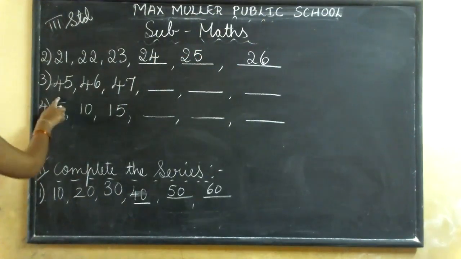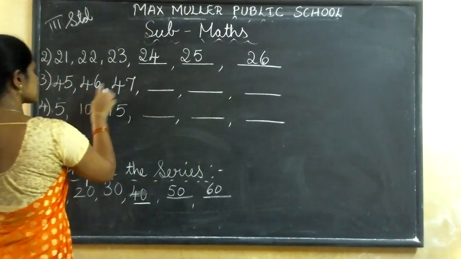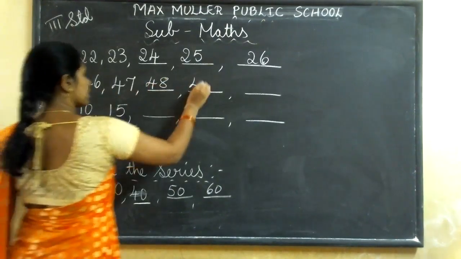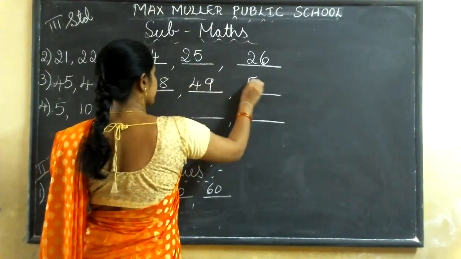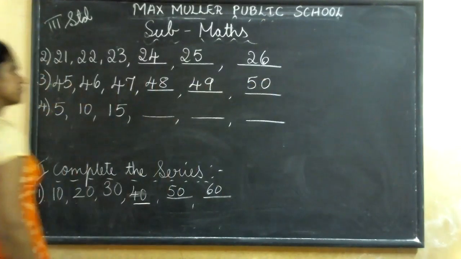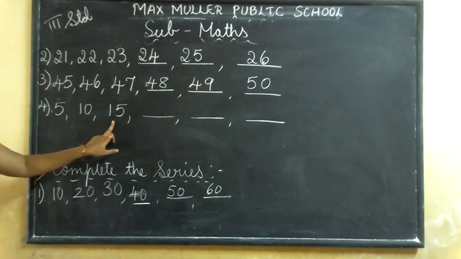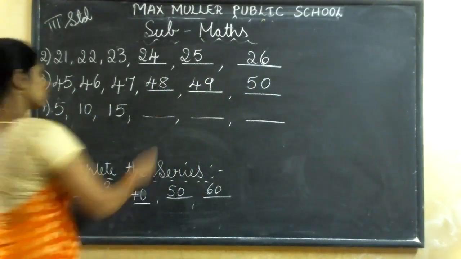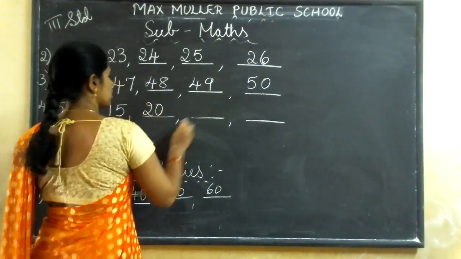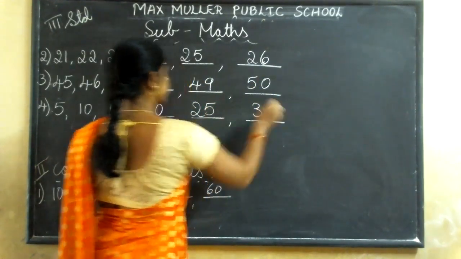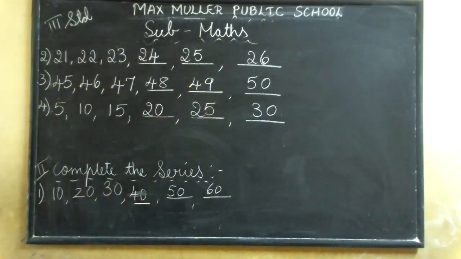Next, 45, 46, 47, 48, 49, 50. Next, 5, 10, 15, 20, 25, 30. Finished? Copy down fast.